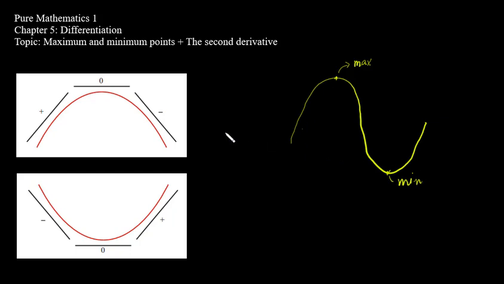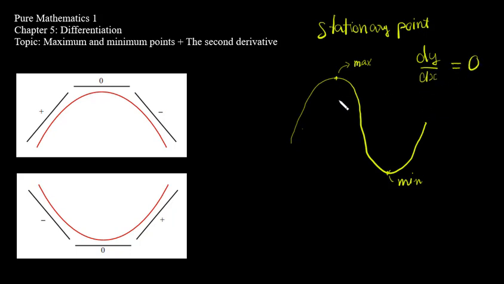And these two are both called stationary points. Maximum point and minimum point are both stationary points, and their dy over dx equals 0.